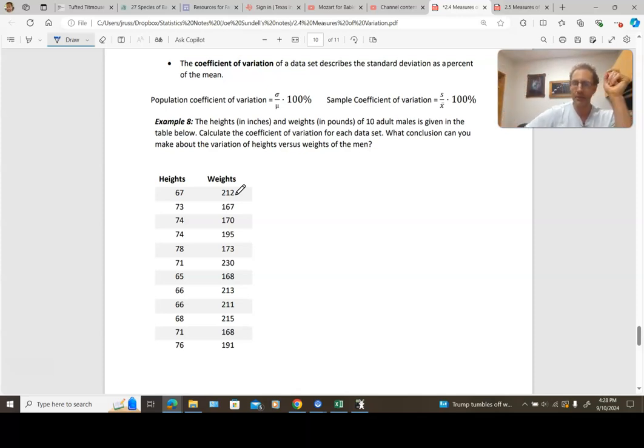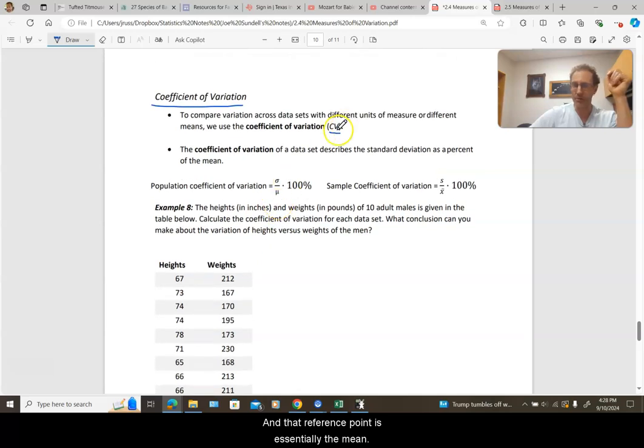Okay, and that reference point is essentially the mean. How does the standard deviation for one data set compare to the actual mean of that data set? That's what the coefficient of variation is. Okay, it's the standard deviation as a percentage of the mean.